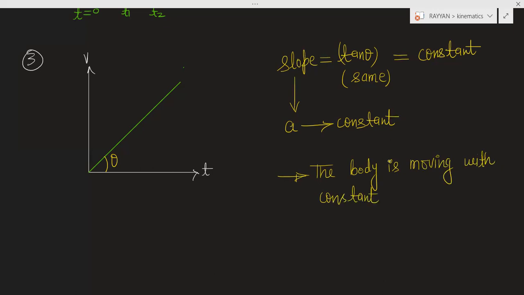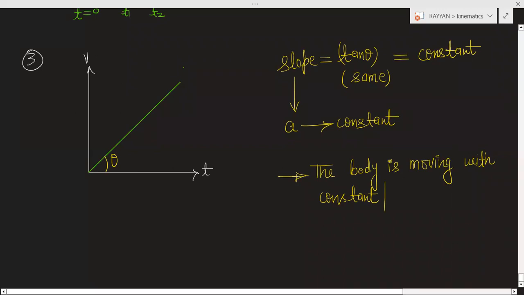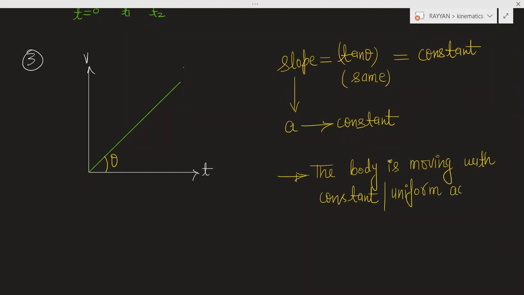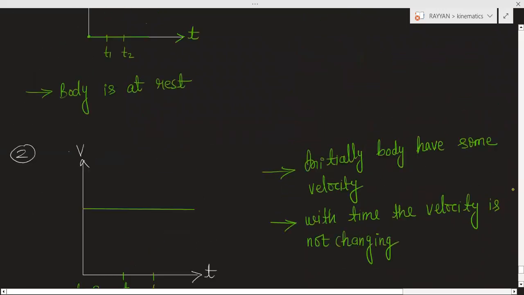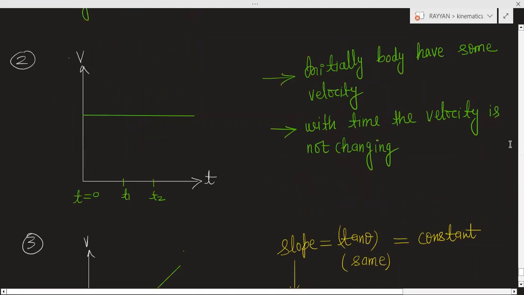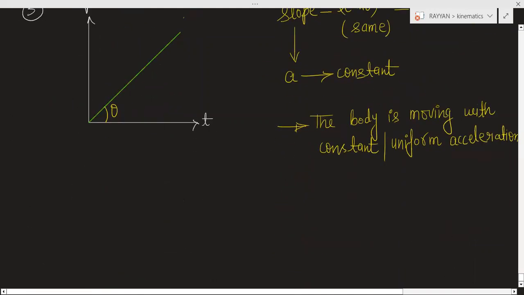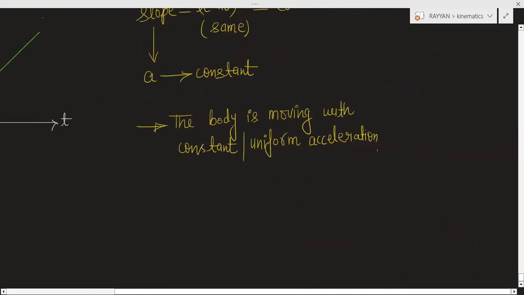Can you give me one example of a body moving with constant acceleration? If a car is cruising, or like... No, that is okay, that is fine. But I want a real life example.